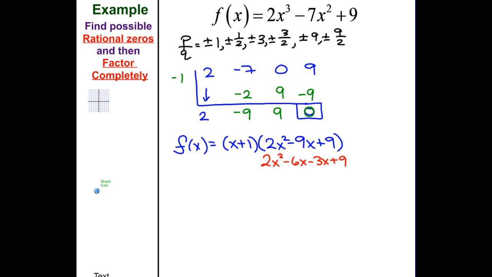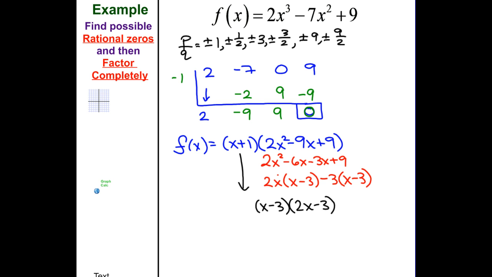Well, negative 6 and negative 3, so then we get 2x times x minus 3 minus 3 times x minus 3. So really, we end up down here with x minus 3 times 2x minus 3.